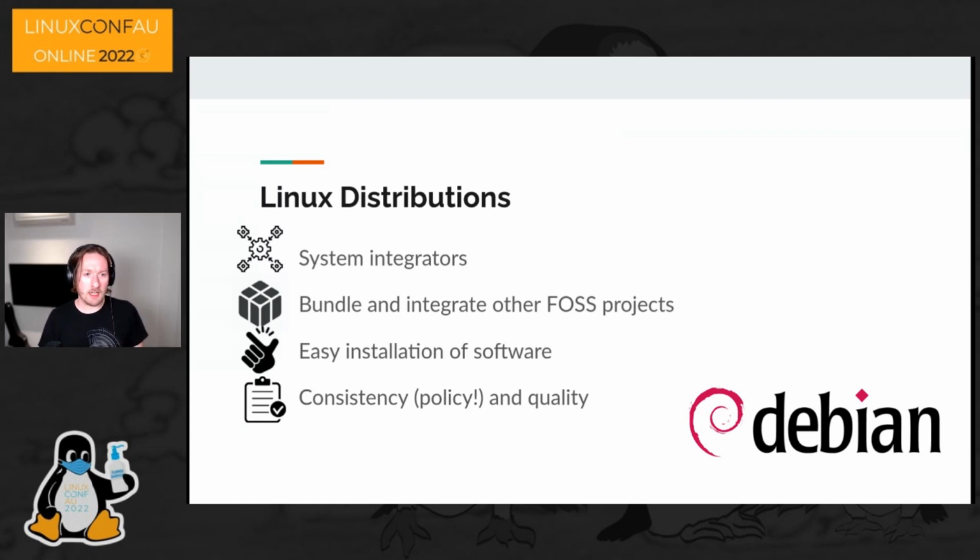And in the same way, Debian makes some promises around how long security updates are provided, for example. Now, if you were installing software directly from an upstream project, you would only be able to get these sorts of guarantees for a certain number of upstream projects, but you wouldn't be able to get that consistency across all of the things you install.